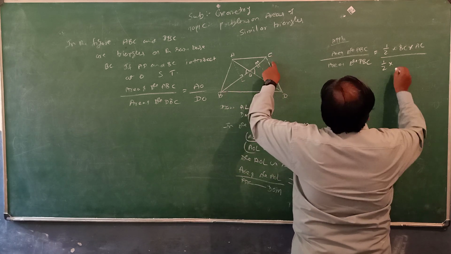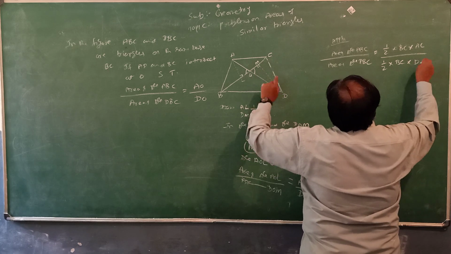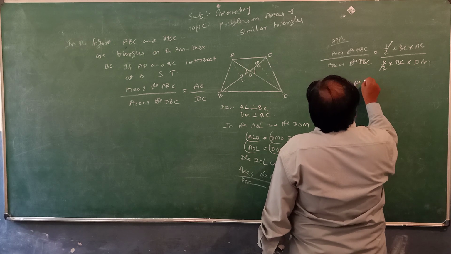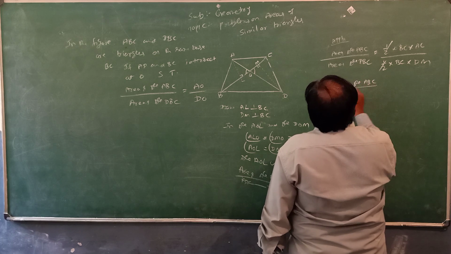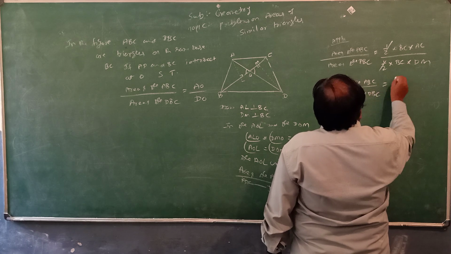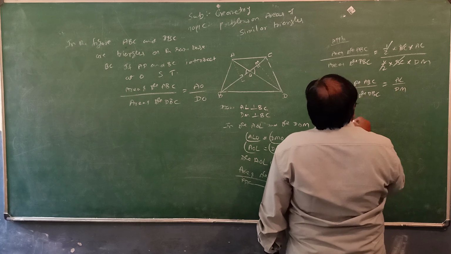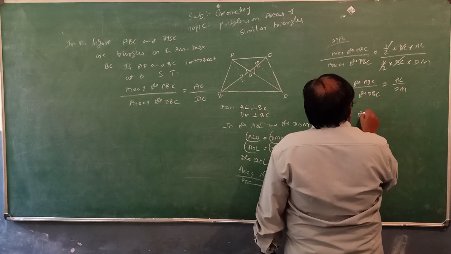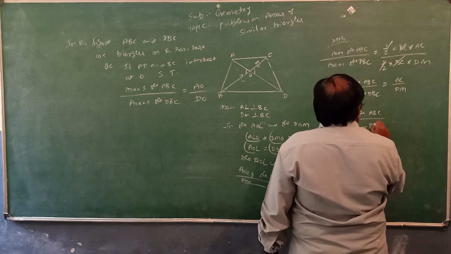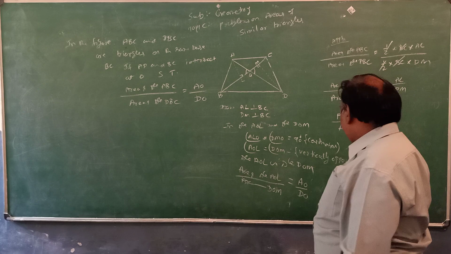Half and half cancel, BC cancels. The area of triangle ABC divided by the area of triangle DBC is equal to AL by DM. What is AL by DM?